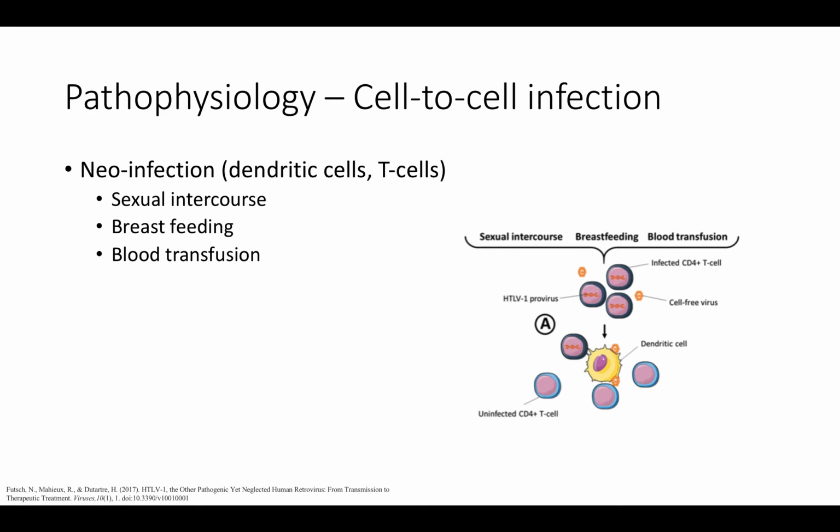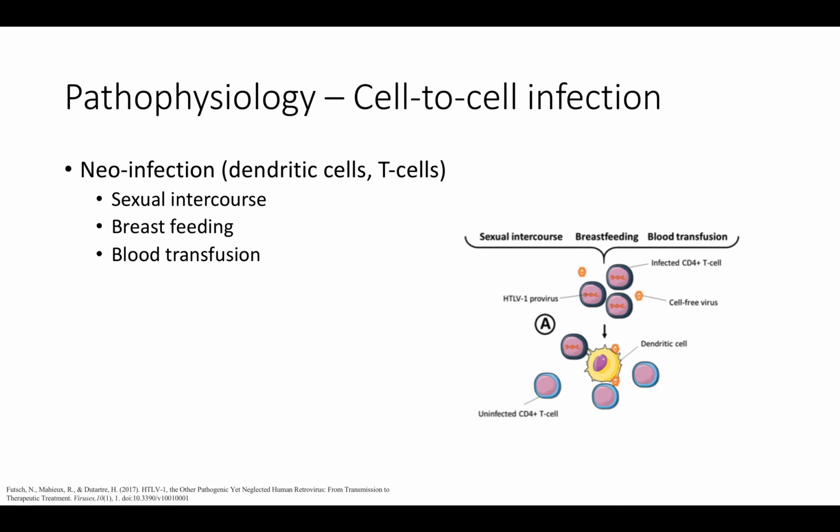There are 3 general ways that people are infected. The first is by sexual intercourse, similar to HIV, herpes, and other sexually transmitted infections. The second major way is mother-to-child transmission, and this happens mainly through breastfeeding.